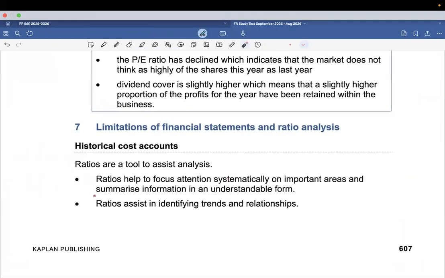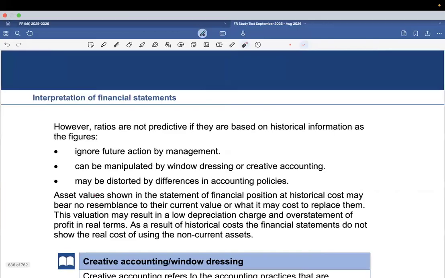Now, what are the limitations of financial statement and ratio analysis? First things first, historical cost accounts. Ratios are used for analysis, and ratios are going to help us get some summarized idea about the performance of the business. It is going to help you identify trends and relationships. Understood?